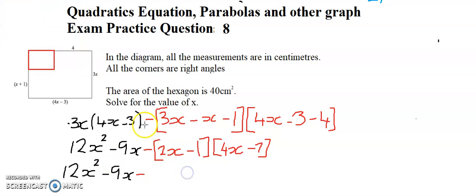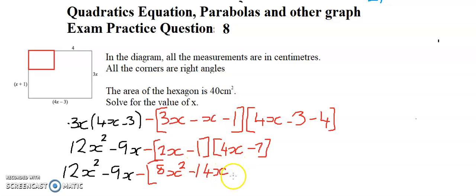So we've got 2x times 4x, which is 2 times 4 is 8, so it becomes 8x squared. Then I've got 2x times negative 7, which becomes negative 14x.